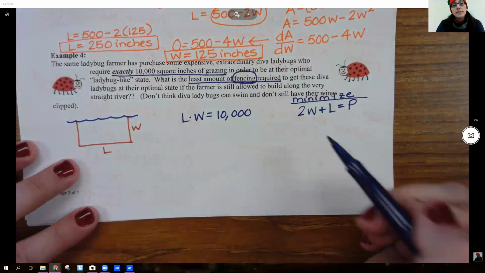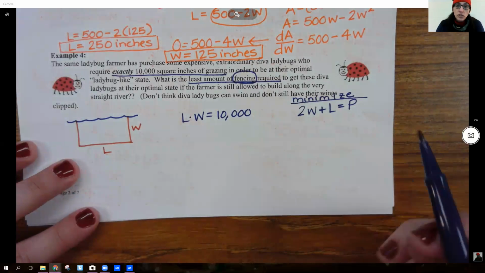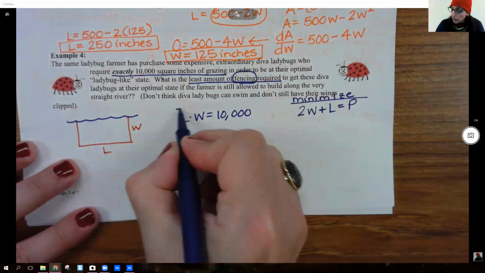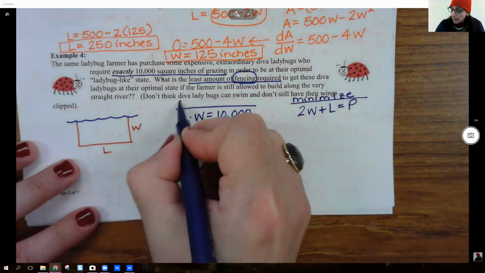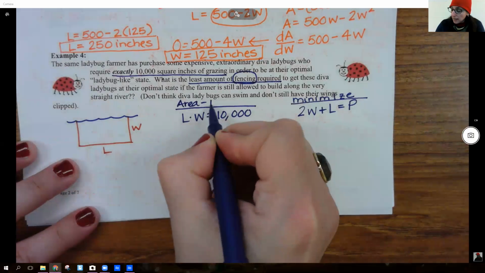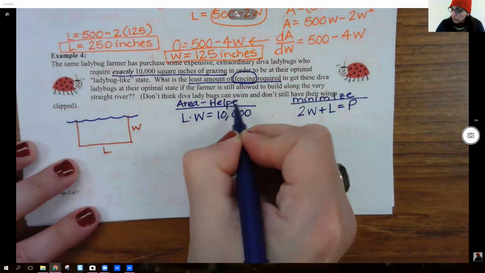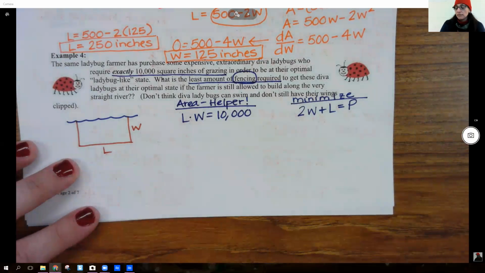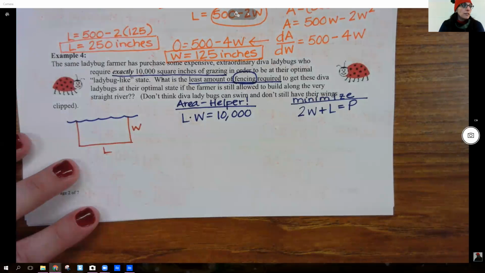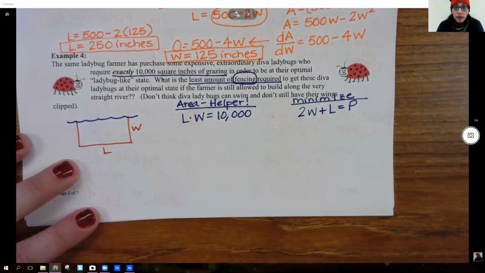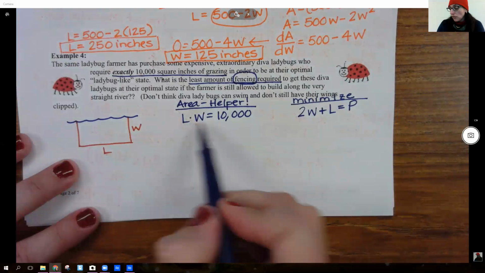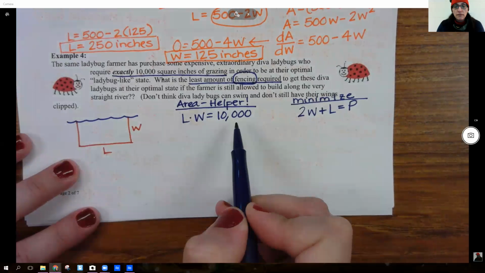But right now, it's in terms of two variables. So we go over to the other equation, and this is the one that helps you. We need to find length and width, so it doesn't matter what you want to solve for. What would you like to solve for over here? L or W? Length.